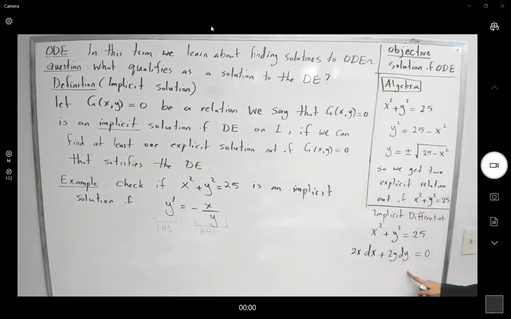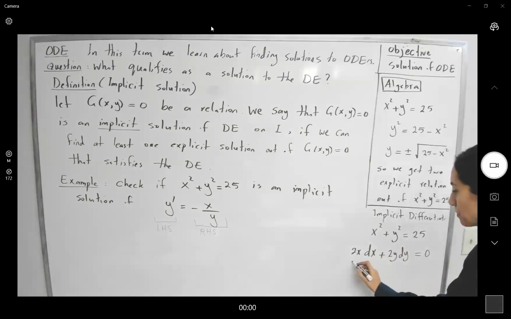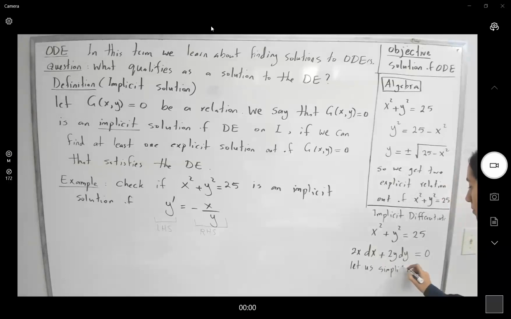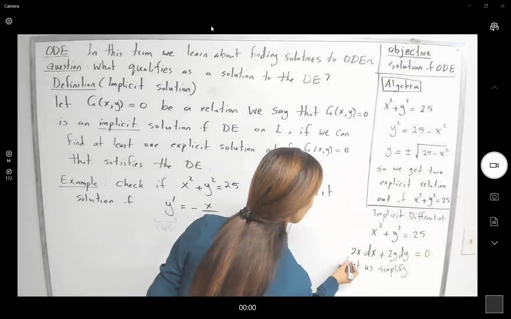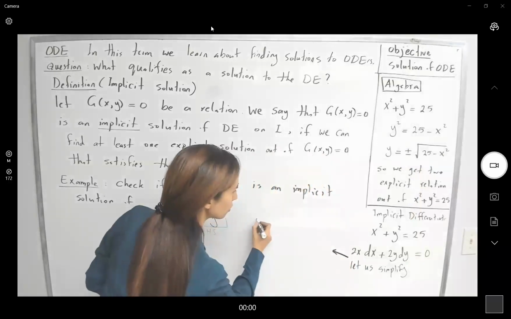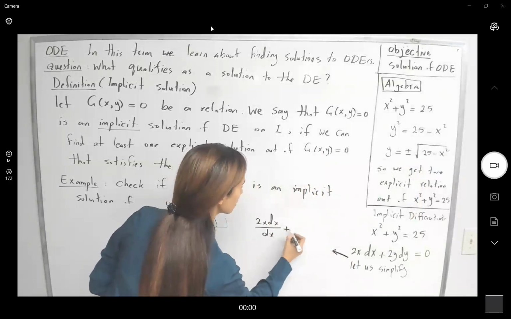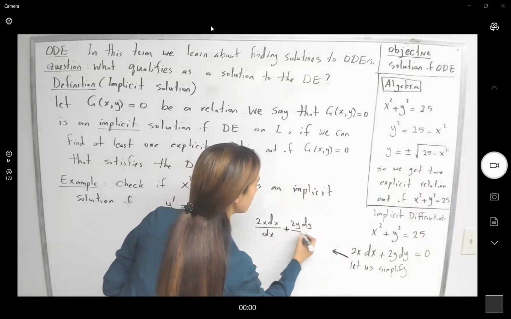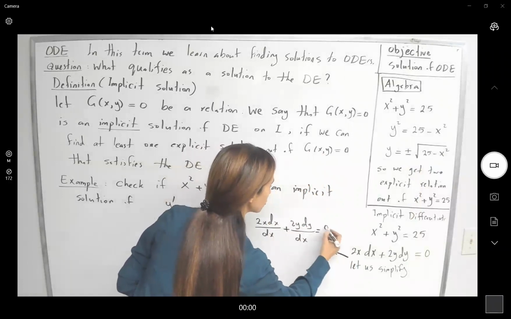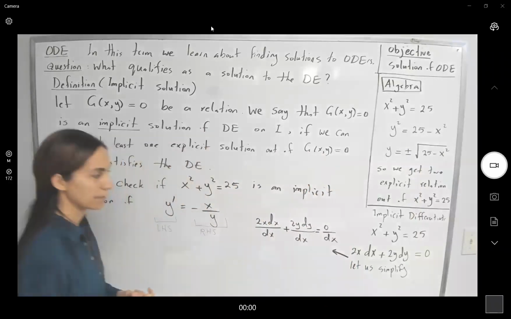I already know this by calculus implicit differentiation. Let me simplify that. Okay, if you simplify, I'm going to write this guy down here for you. You get 2x dx divided by dx plus 2y dy divided by dx equal to 0 over dx.